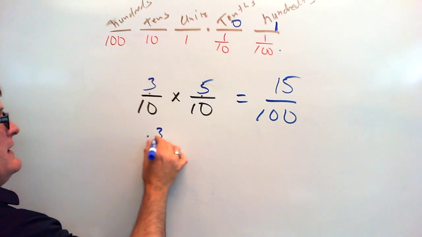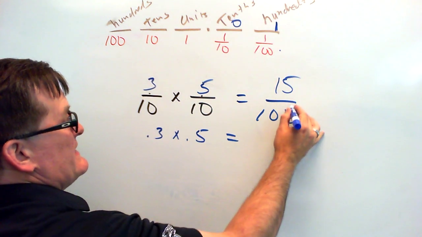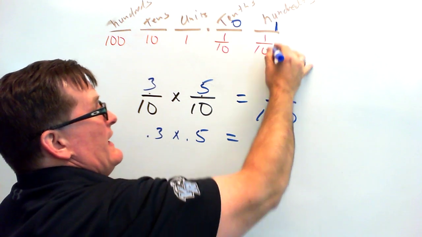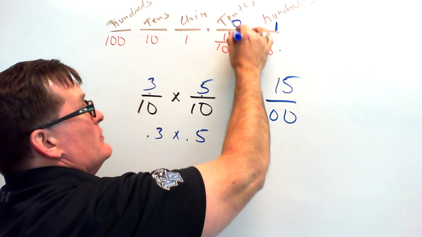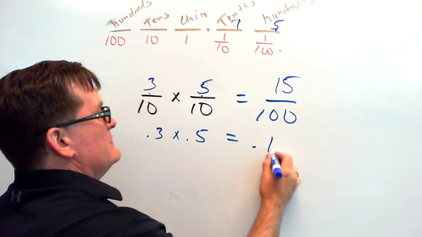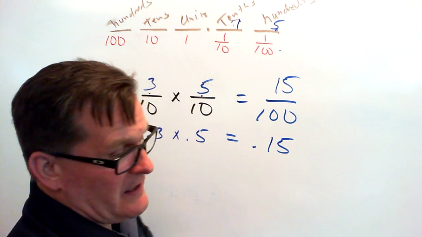So 0.3 times 0.5 would be 15/100. Now the second place when you're writing a decimal goes with the name, so the 5 would be there, and we have a 1 to put in this column. So the answer is 0.15, and is read 15/100.